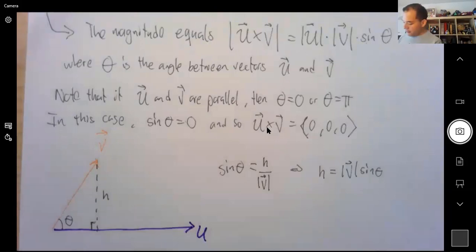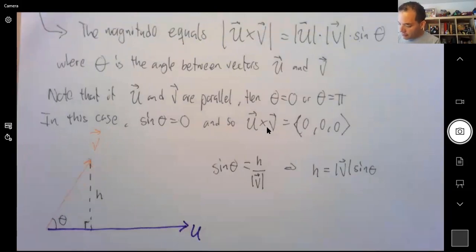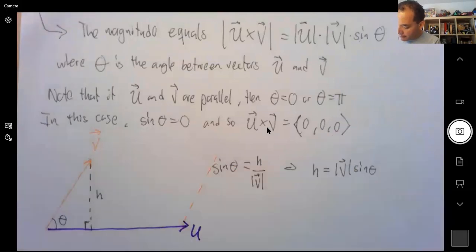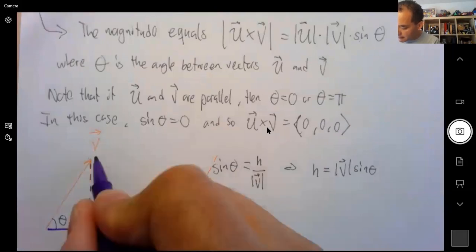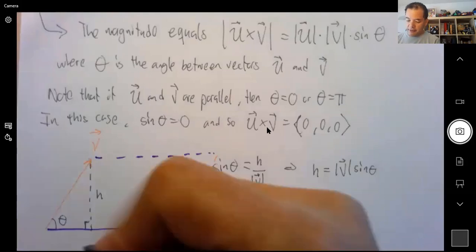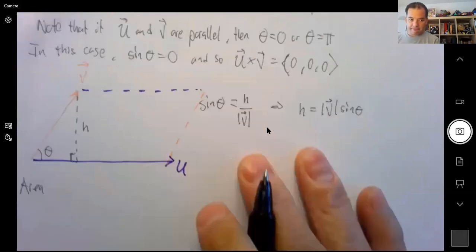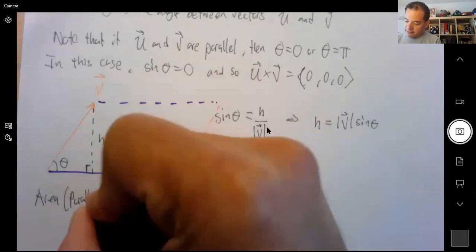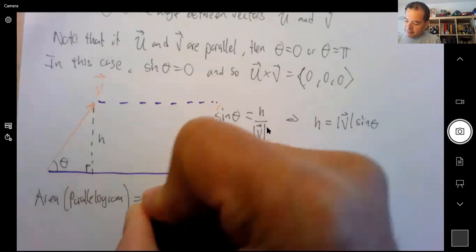And I don't know if you realize, but that's exactly what we would get if we wanted to know the area of this parallelogram. The parallelogram with sides u and v, to get the area of a parallelogram is base times height, correct? And what is the base? So the area of a parallelogram is base times height.